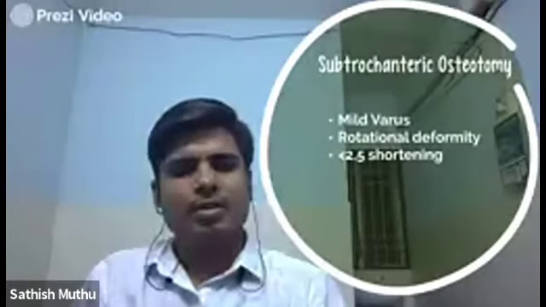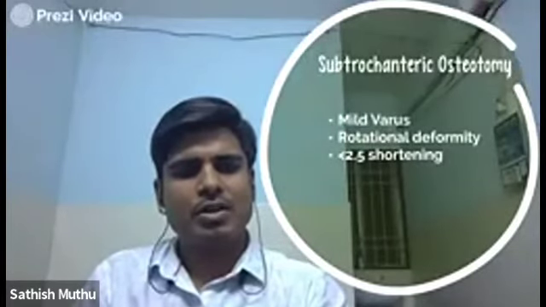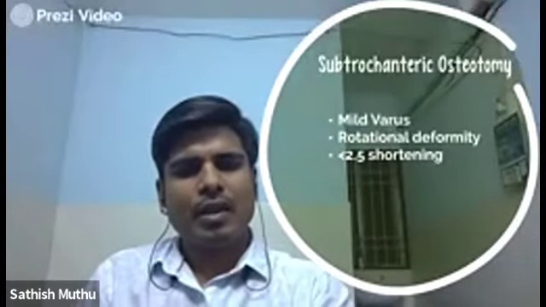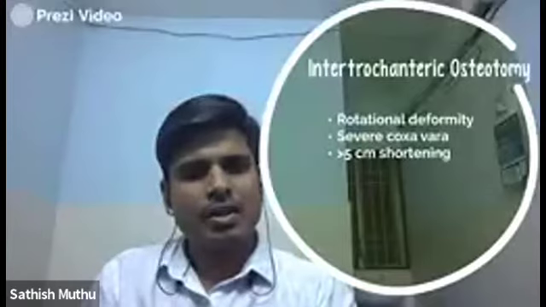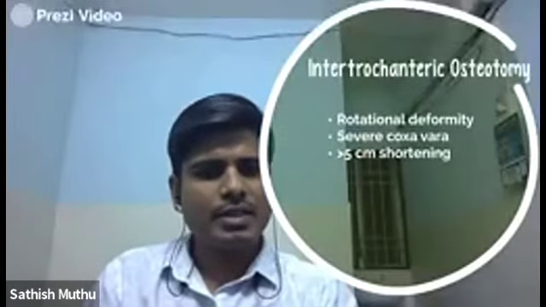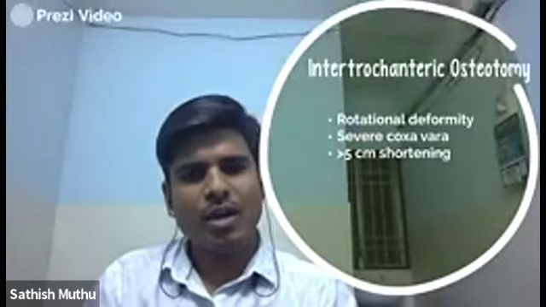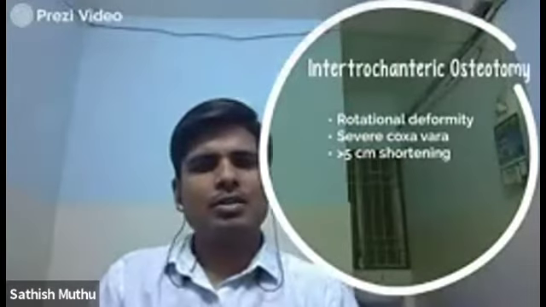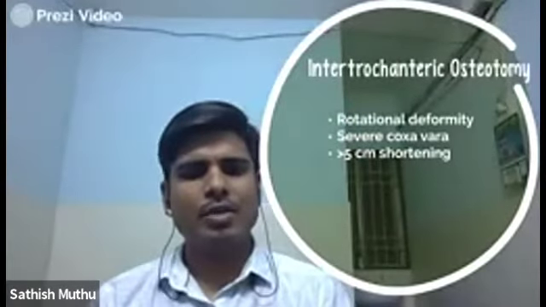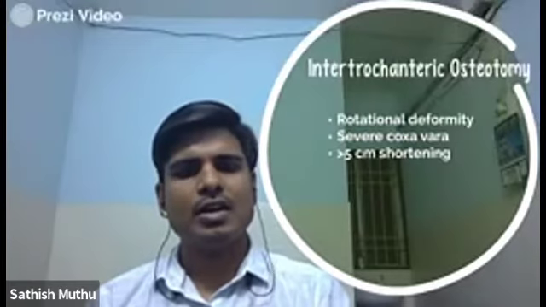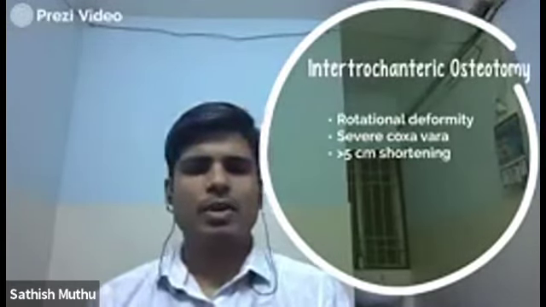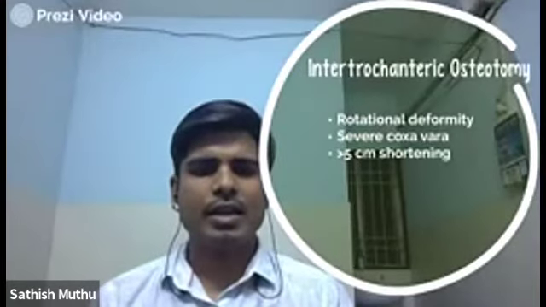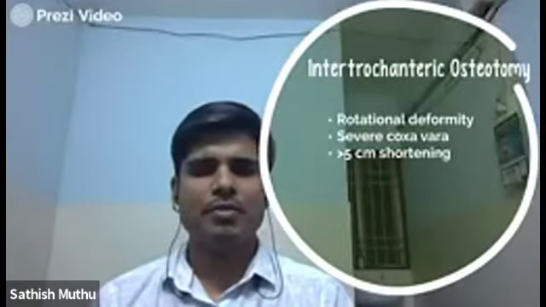Subtrochanteric osteotomy is considered only for cases with a very mild presentation, whereas intertrochanteric osteotomy is done for cases with more than 5 centimeters of shortening, gross coxa vara and more rotational deformities. The concept behind this regional variation is that when an osteotomy needs to unite, it is ideal in a metaphyseal zone compared to a diaphyseal zone.